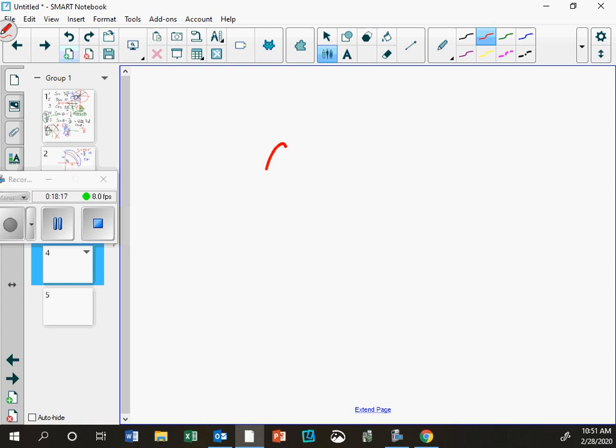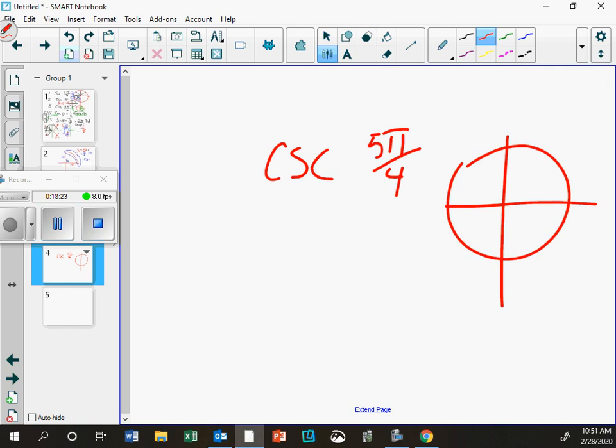So, here, if I was asked for the cosecant of 5 pi over 4, everybody, you just did this a minute ago, and you were able to do it just fine. So do it again. Where's 5 pi over 4? It's there. And then what do you do? You draw a triangle. And then this pi over 4 is the same as 45. So this is 1, 1, square root of 2. Be careful with the most common mistake in circle trig, which is negatives. And then you're all set up to do it.